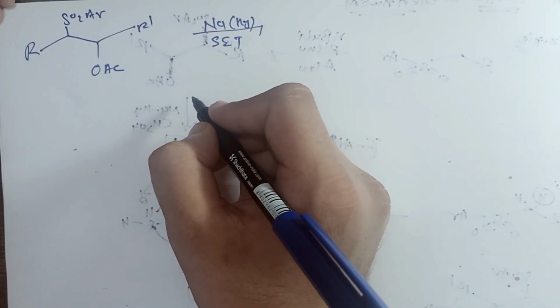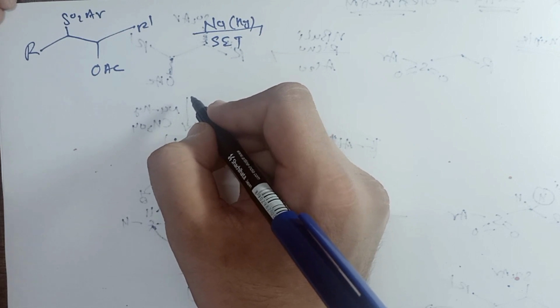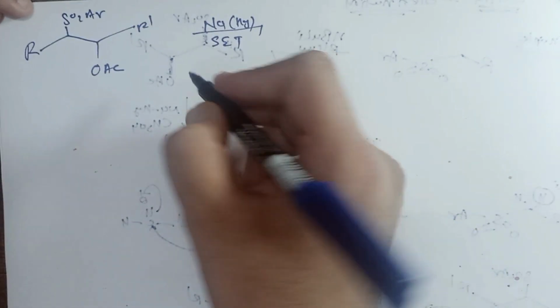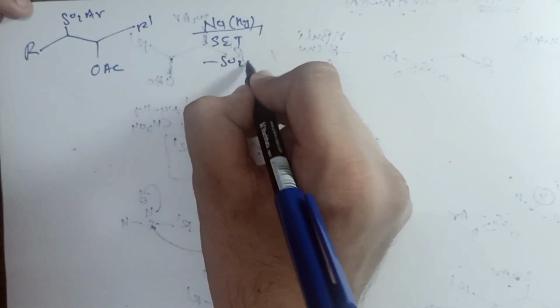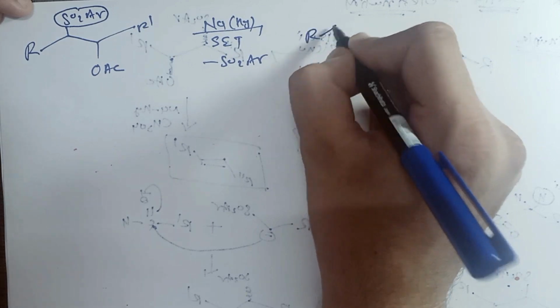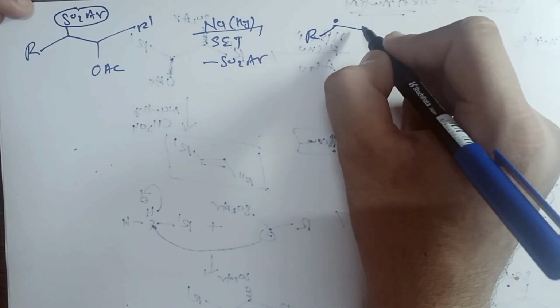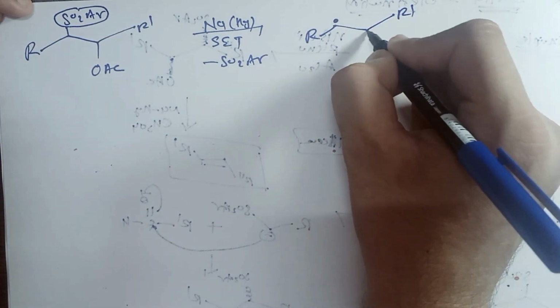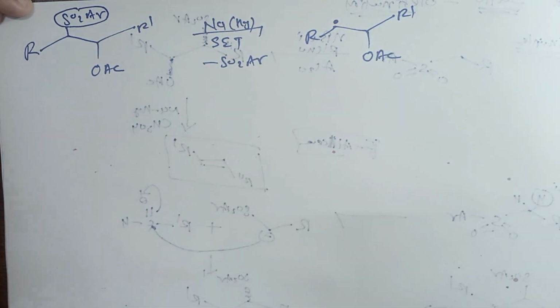Now this SET mechanism is known as single electron transfer. So by the removal of the SO2Ar group over here, it will produce a free radical over there. Here we have R dash, here we are getting R, OAc.